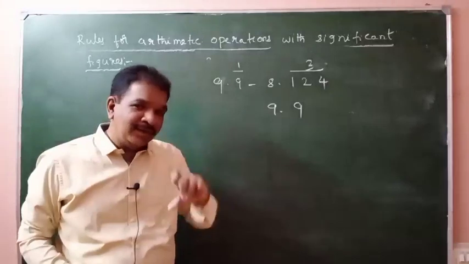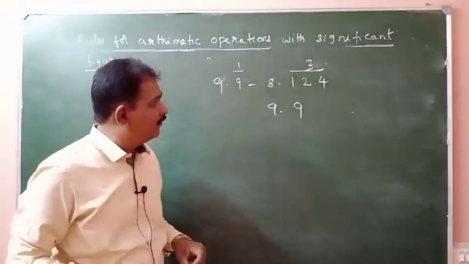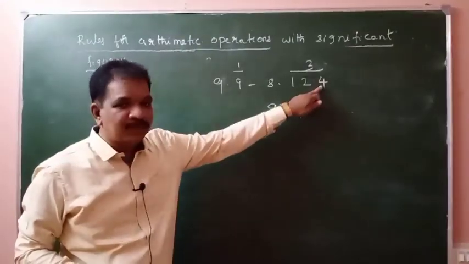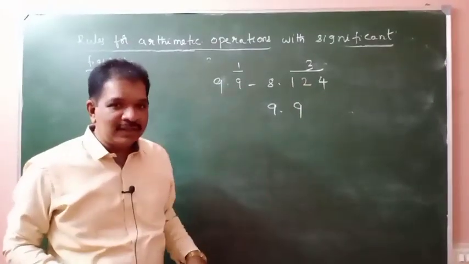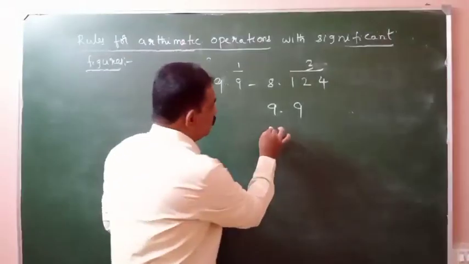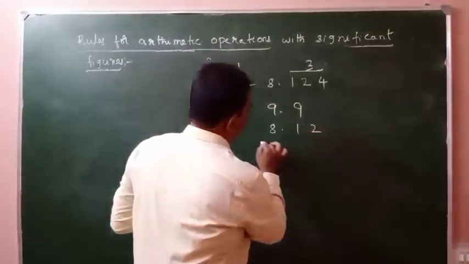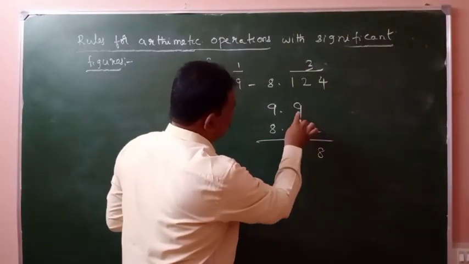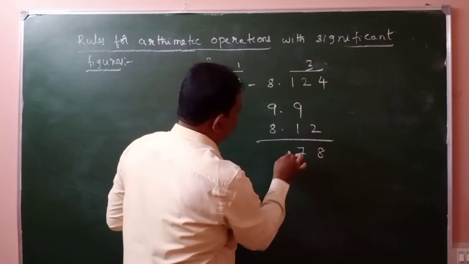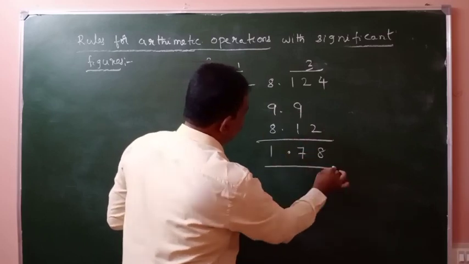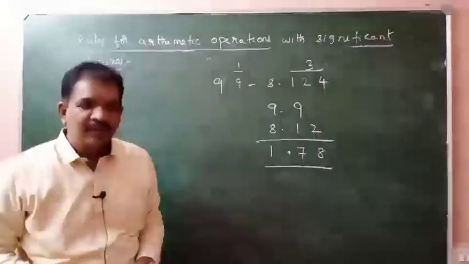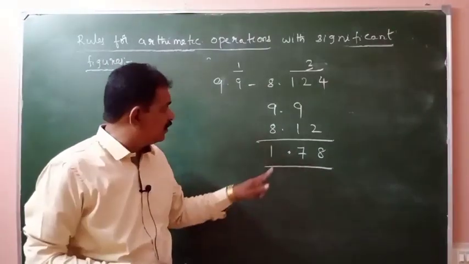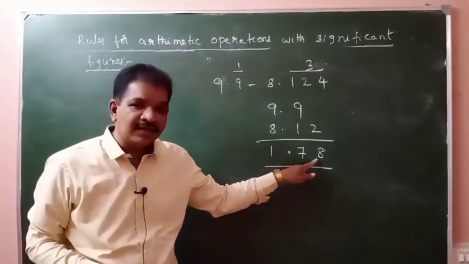So rounding it to 2 significant figures. Discard this 4. This 2 will not change because that is less than 5. So it becomes 8.12. Subtract: 8 minus 1, 7. So this is 1.78. But final answer will have how many significant figures?